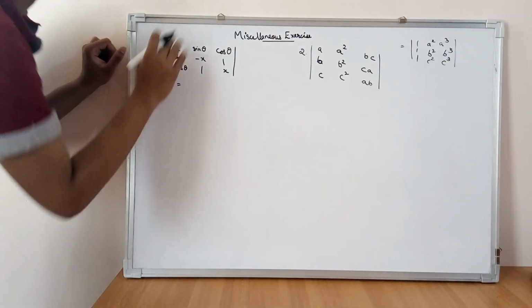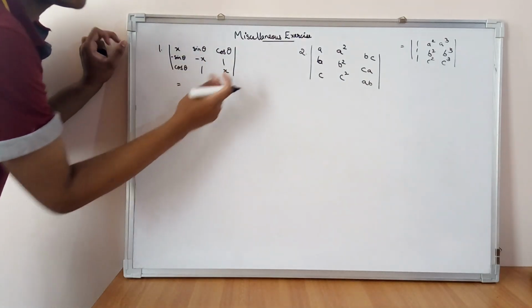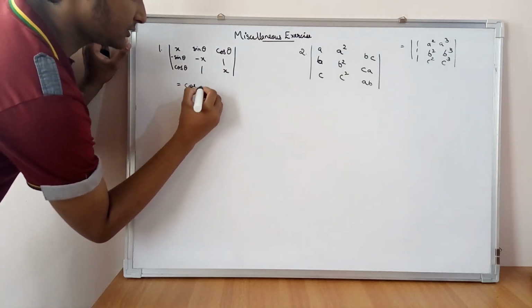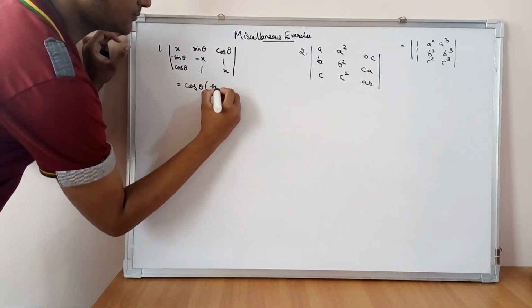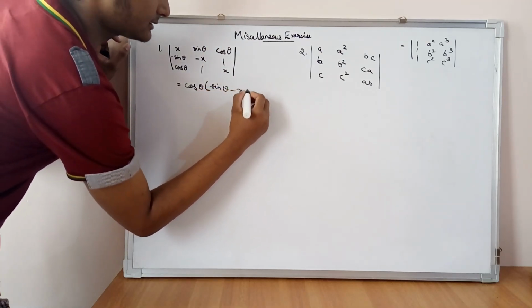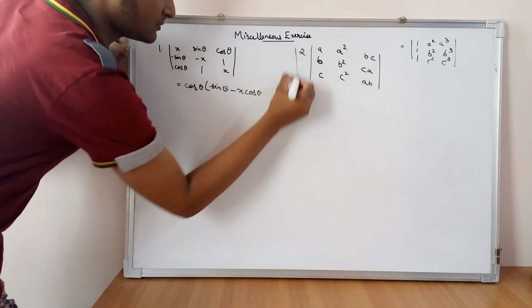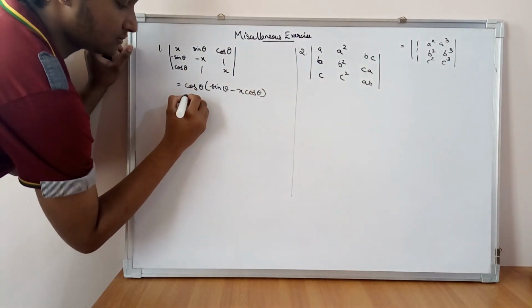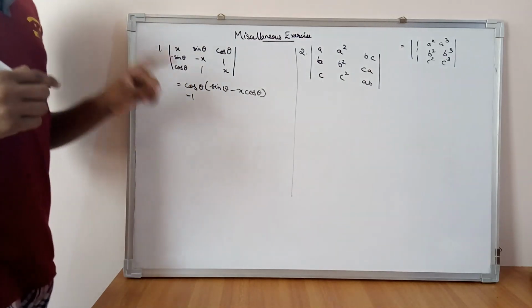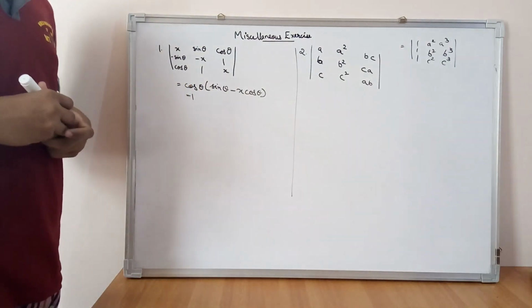We can expand using any one, so maybe I'll expand using the third row. So it is going to be cos theta into sin theta minus x cos theta. Okay, that was the first term. Then you have minus 1. Since it is the second position, I need to take a minus sign.